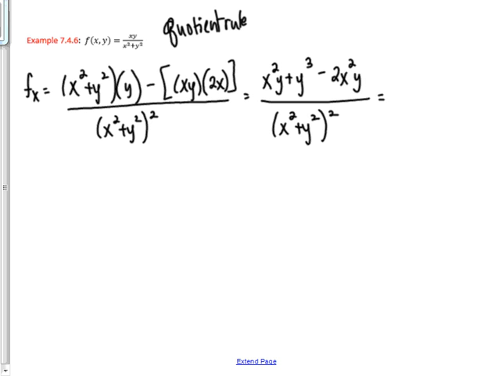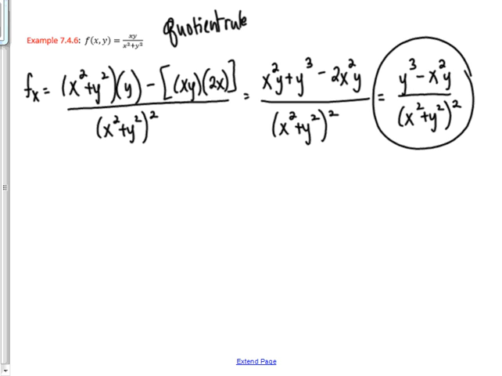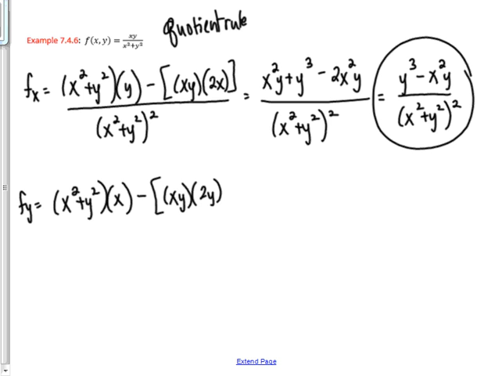And look on the top, you've got some like terms. You can combine those and get y cubed minus x squared y over x squared plus y squared squared. And fy is going to be very, very similar. I've got low d high, the derivative of the top with respect to y is x, minus high d low, the derivative of the bottom with respect to y is 2y, over the low squared.